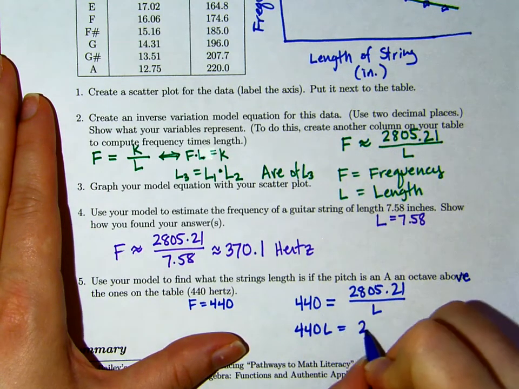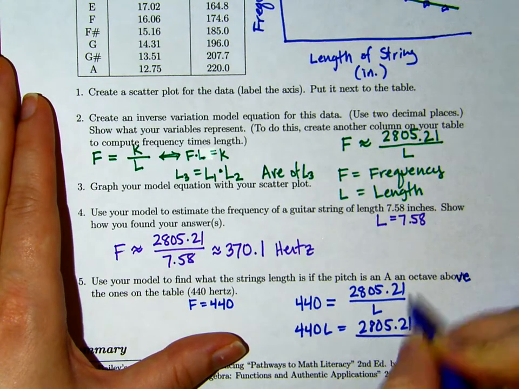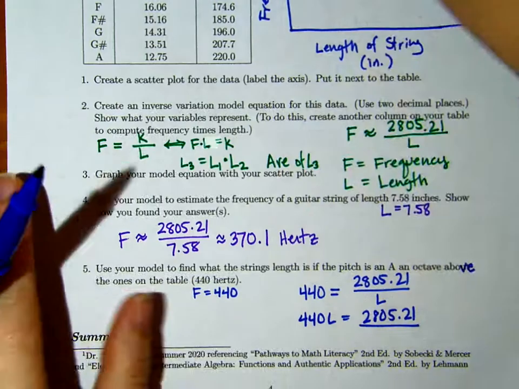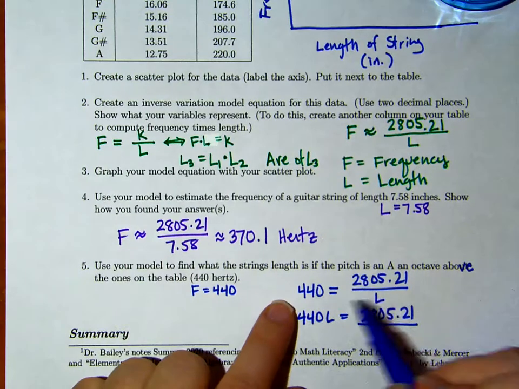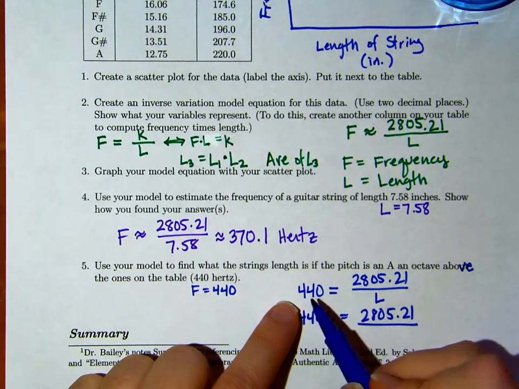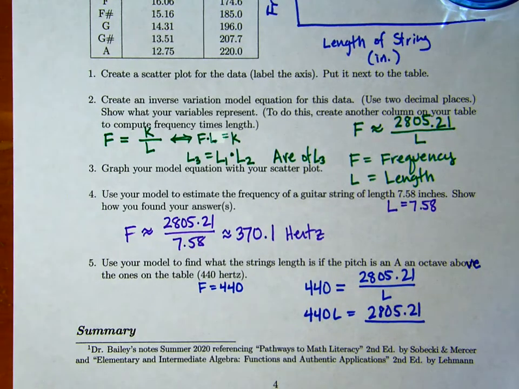This is called viewing division as a missing factor problem, right? If 2,805 divided by L equals 440, then 440 times L is equal to 2,805.